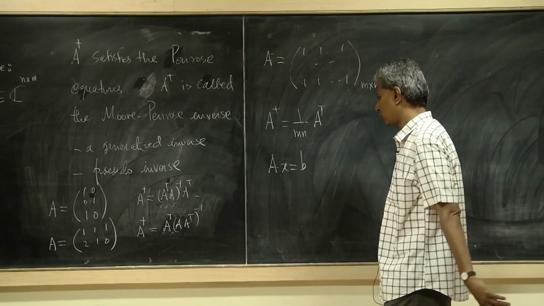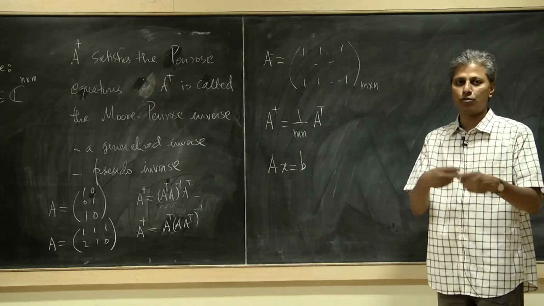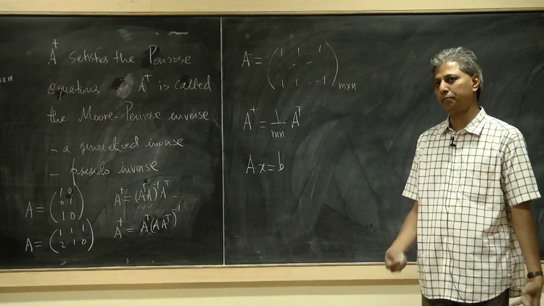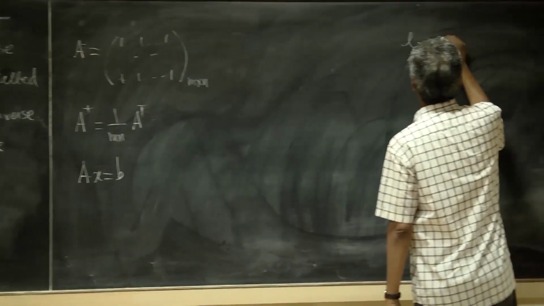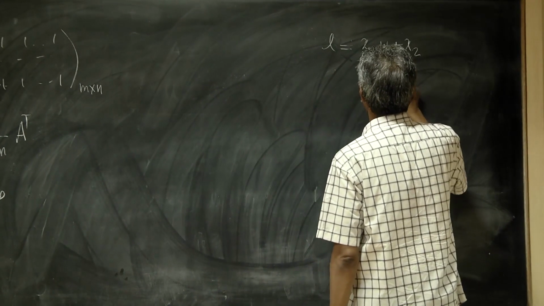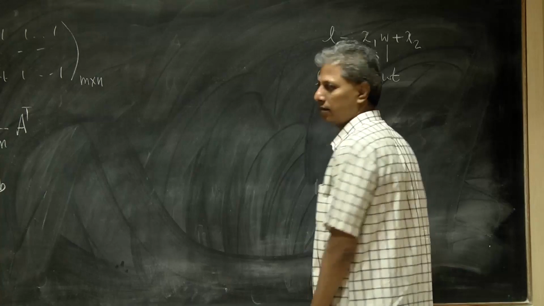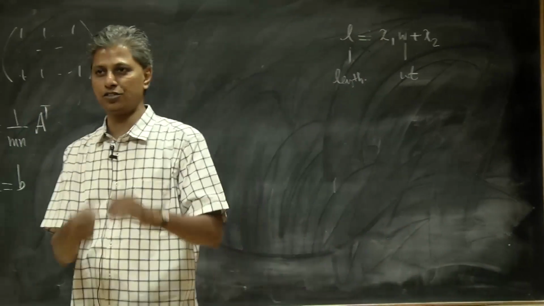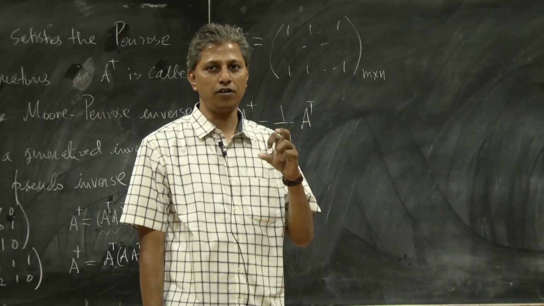For instance, there are many empirical formulas. You will have one empirical formula like this: L is equal to x1 W plus x2. Now W is a weight, L is a length or the displacement. That is, you have a spring and you attach a mass to the spring. There is a certain coefficient of spring that you want to calculate.